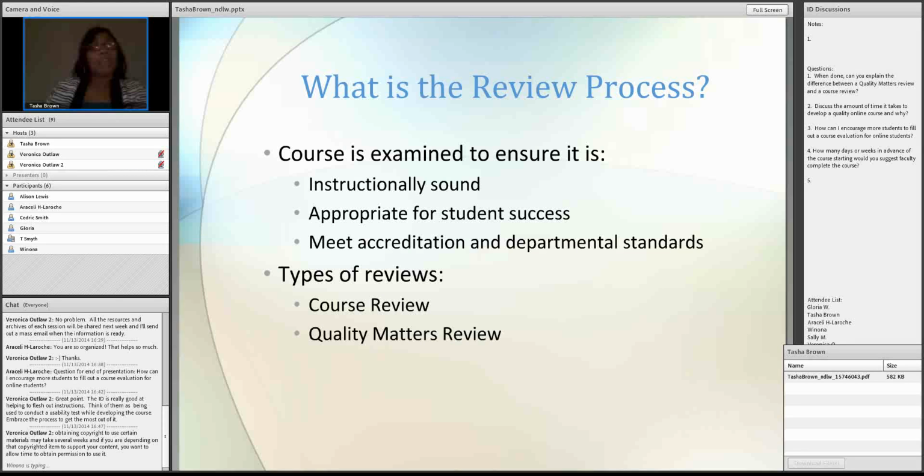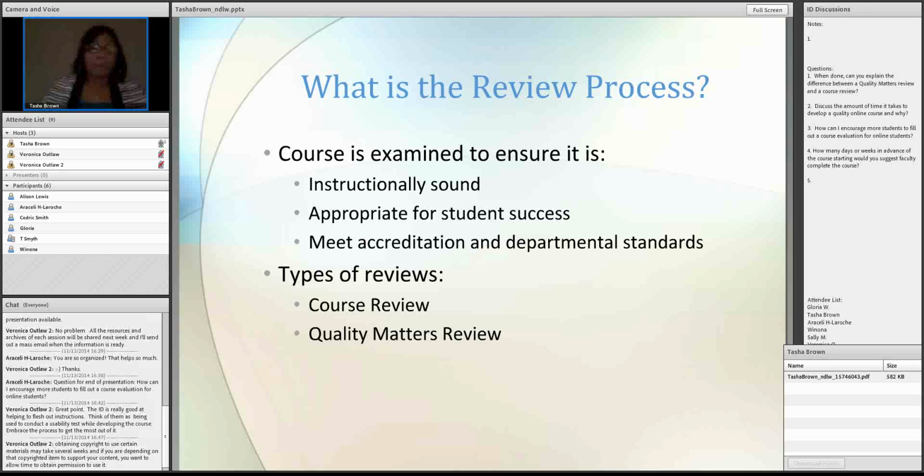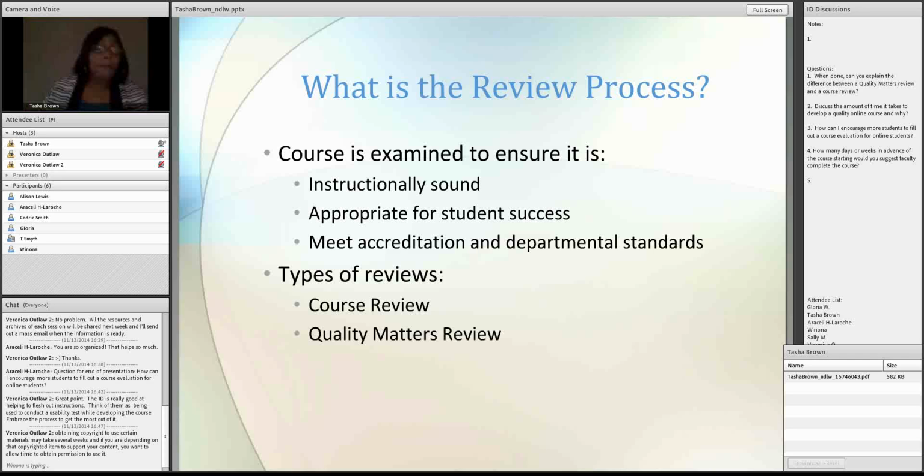So he or she will make sure you have that included. And your instructional designer may even give you a template to say, this is what your syllabus should look like, and it will have a section for you to include that in. It may also include departmental standards, where within your department, if you have certain policy that you have to have on your syllabi, this instructional designer can make sure during that review process that that is included.